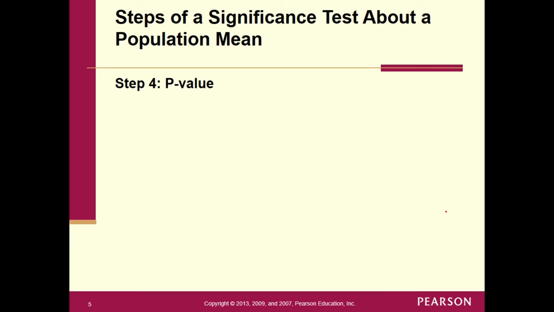P-value. The p-value is a little different here. Remember, the test statistic is in terms of t, so we cannot use the standard normal table here. Why? Because the test stat is not in terms of z. It's in terms of t. So we have to actually use the t table. The problem is the t table isn't specific enough to give us a very clear-cut answer.